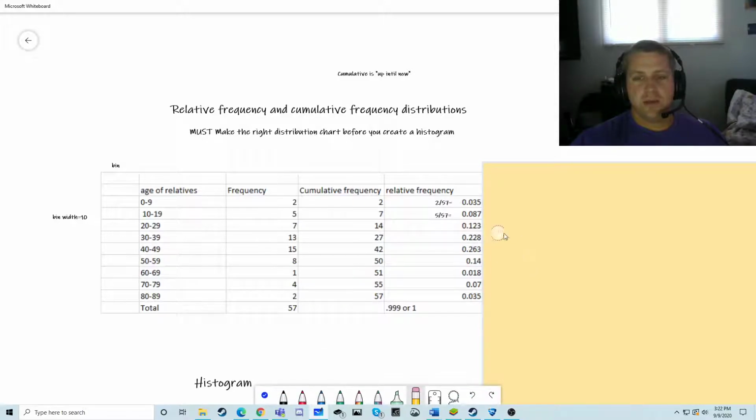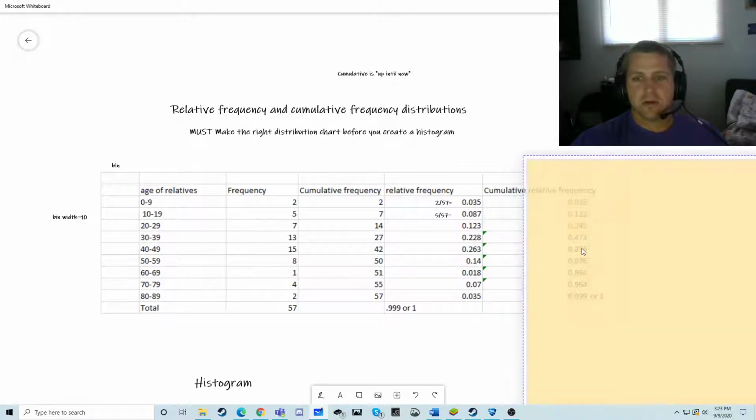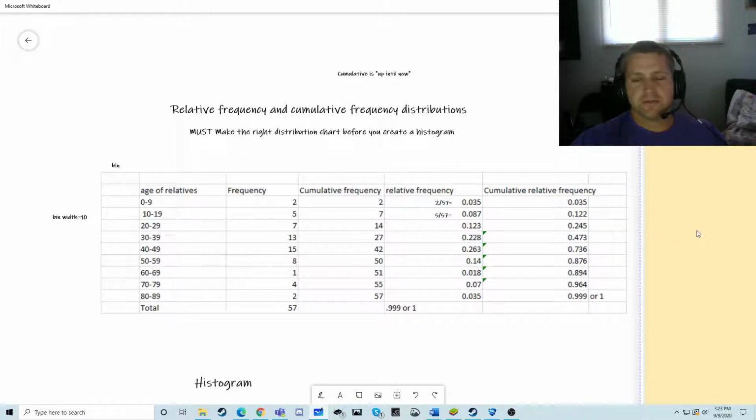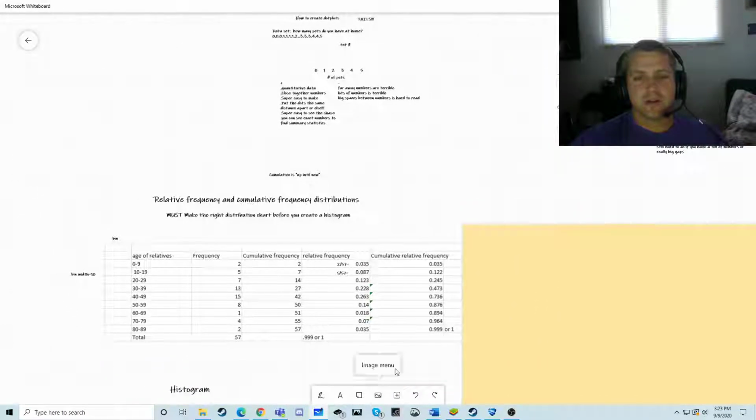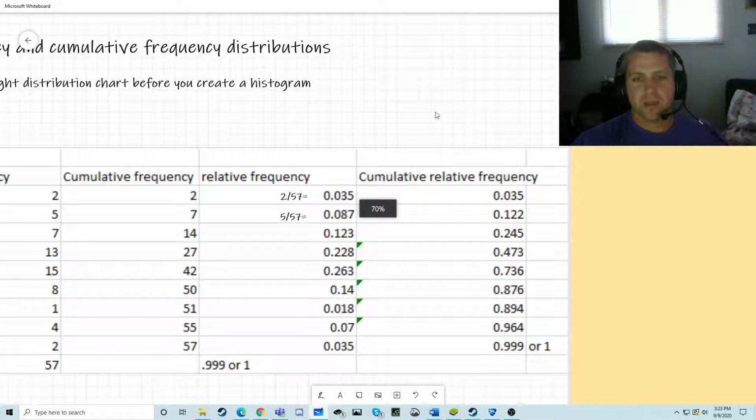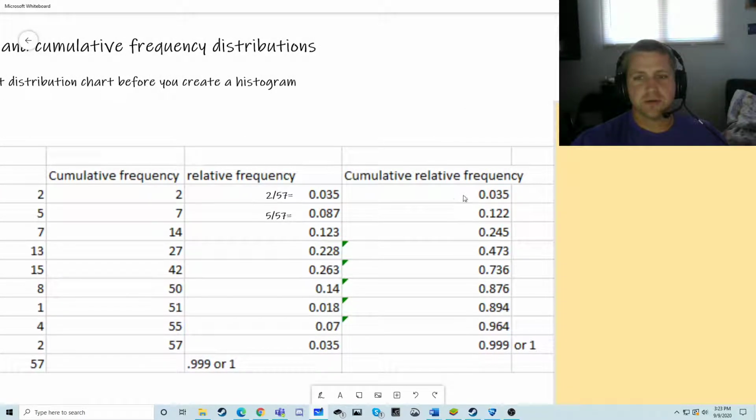And then we have cumulative relative frequency, and that's kind of both. I took this percent, the 0.035, got it. It's just like before though.